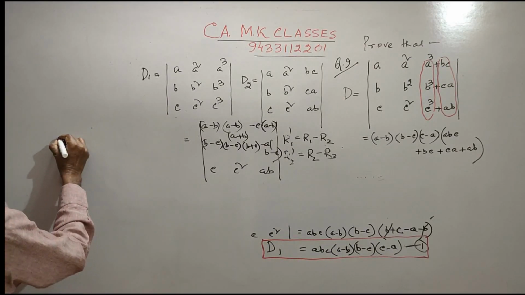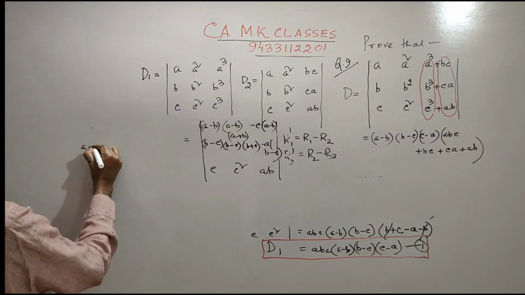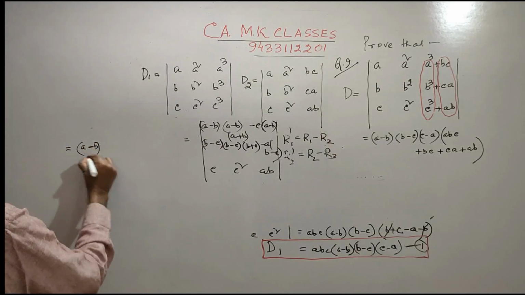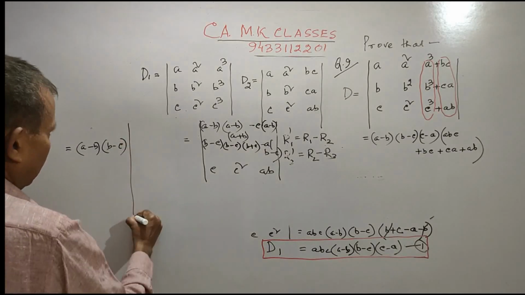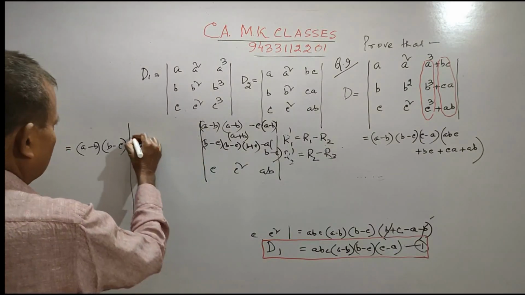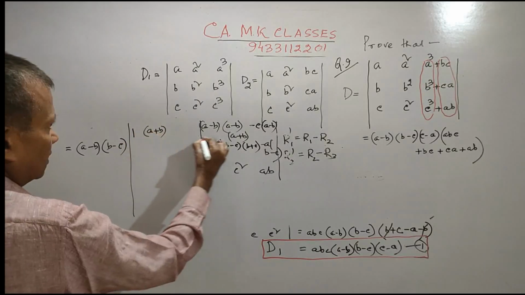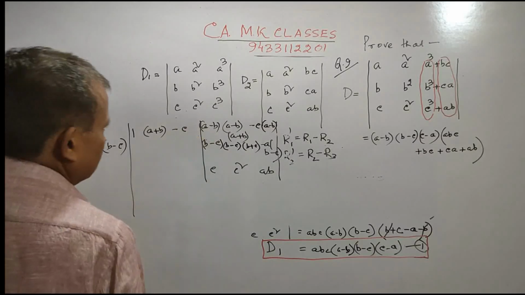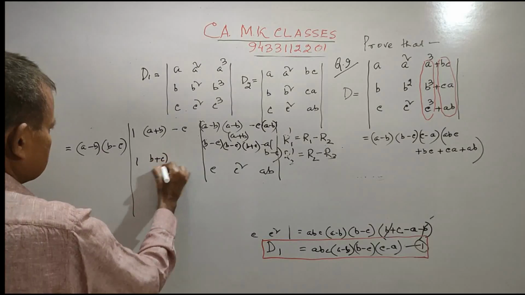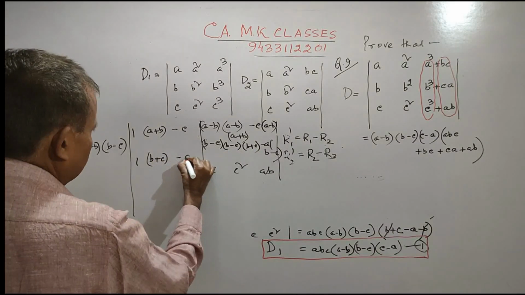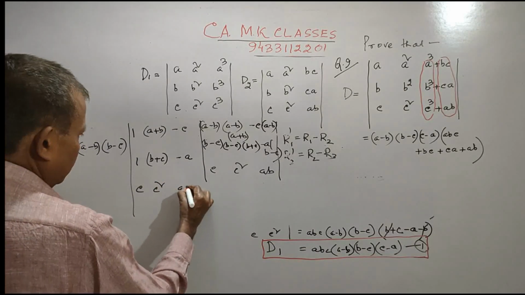Now a minus b will be common, b minus c will be common, this is a minus b, this is b minus c, and the remaining part will be 1, a plus b, this is minus c, again 1, b plus c, this will be minus a, this is c square ab.